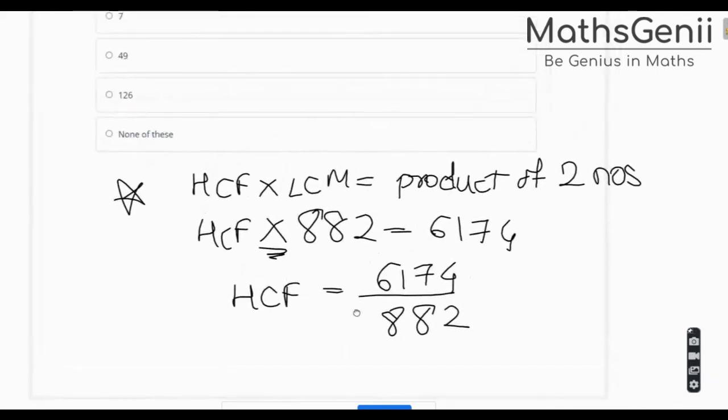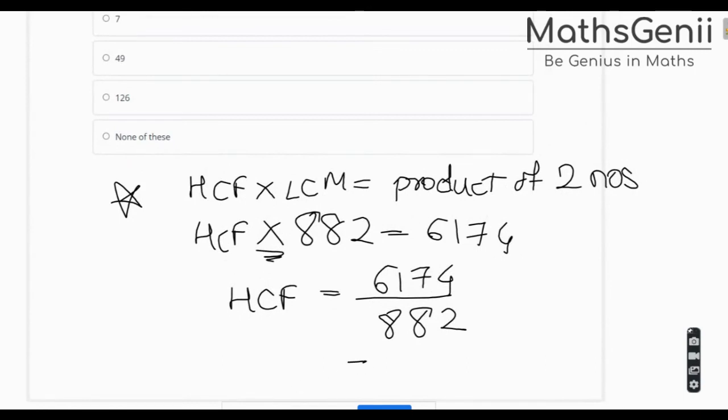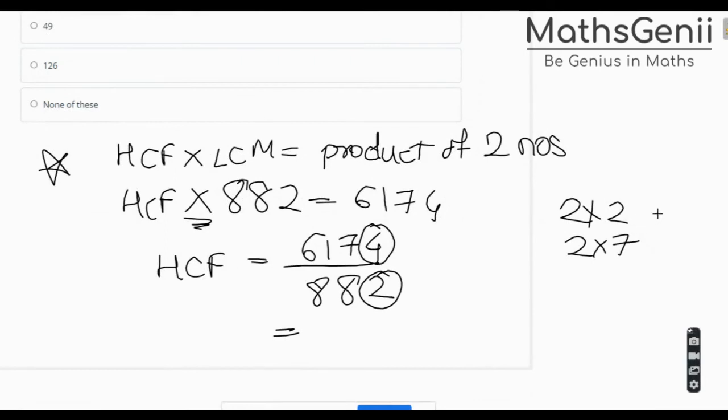So when you divide this, you can divide it as you wish. Okay. So I'll tell you a trick with which I divide. So at the end of this number you see 2, and at the end of this number you see 4. So in 2's table, when does 4 come? 2 2s are 4, or 2 7s are 14. Correct? Only in these two cases 4 comes at the end.